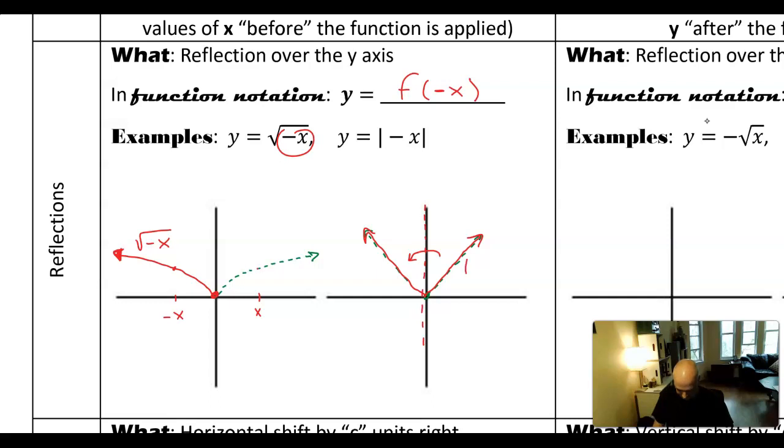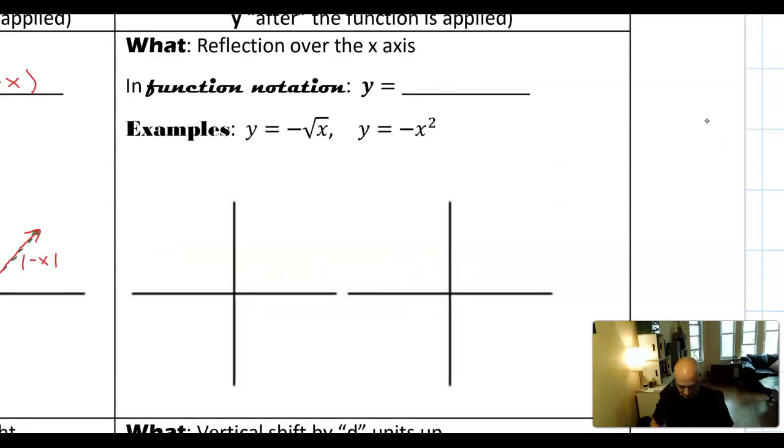So this is actually, in red, the graph of y equals the absolute value of negative x. Just so happens that's the same as the absolute value of positive x. Whenever you see a negative inside the function attached directly to the x, that's going to be this reflection over the y-axis.